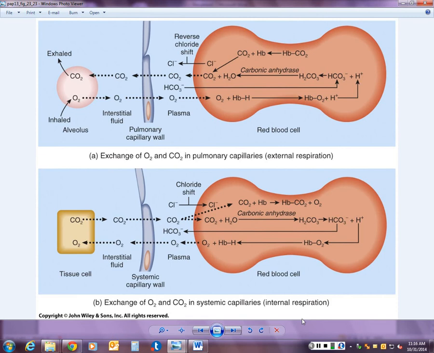Next, we just account for each manner of transport. If we look at plasma, the dissolved component of oxygen, you don't have to do any conversions. It just simply goes down that partial pressure gradient and will enter the tissue. When we consider oxyhemoglobin, things change at the tissue level. Due to the metabolism of the tissues, the amount of oxygen will be lower, so the PO2 will decrease.